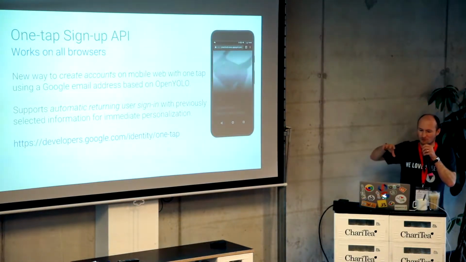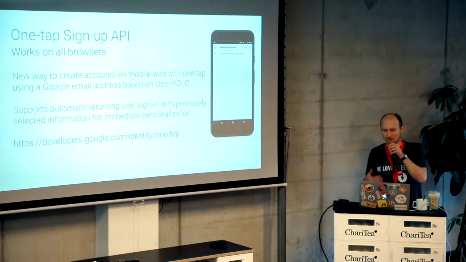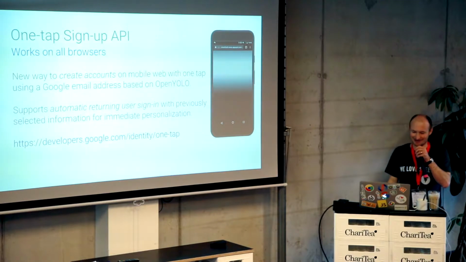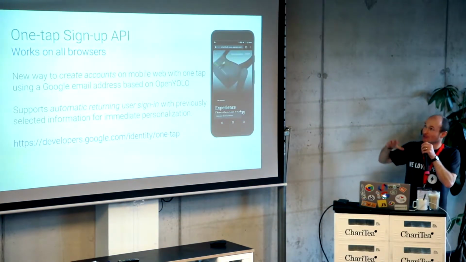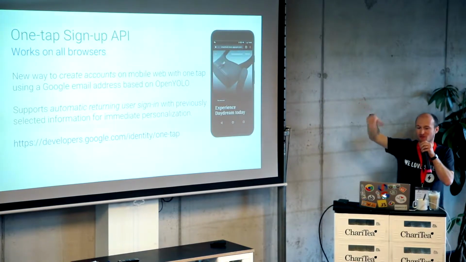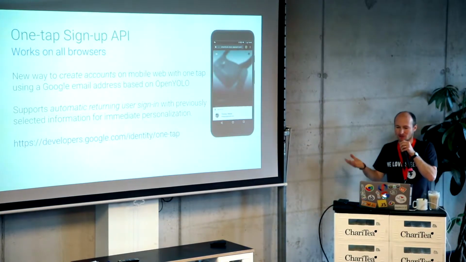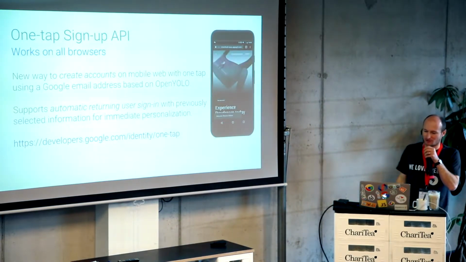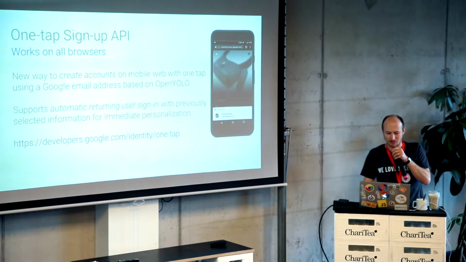And below all this is a protocol called OpenYOLO. You only log in once. Great name, OpenYOLO. Essentially what it does is it takes the Google profile from the browser and makes that available to the page as a user that you can use to authenticate and sign them up automatically.